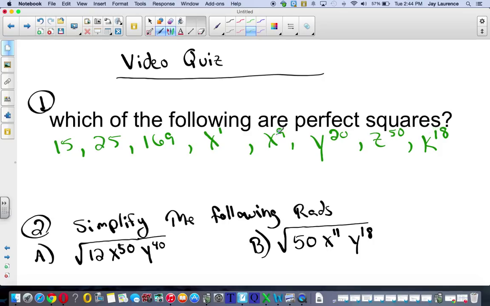So you can write them all down and circle the perfect squares. You can only write down the perfect squares, however you want to do it. Okay, that's question 1. Determine which of those are perfect squares.